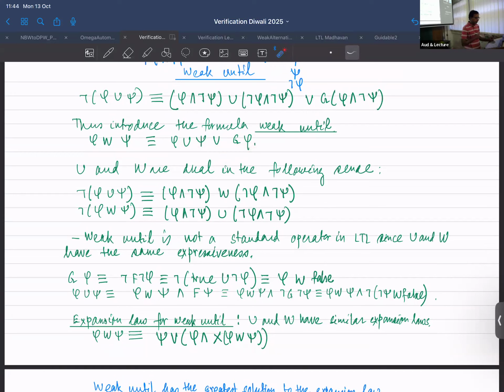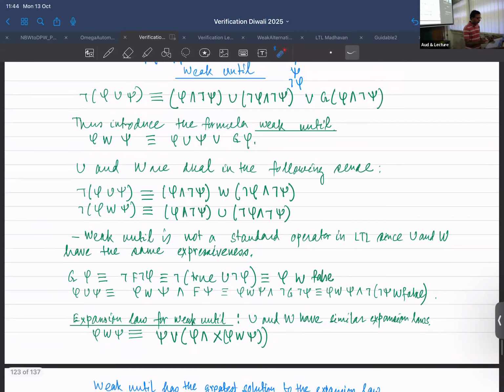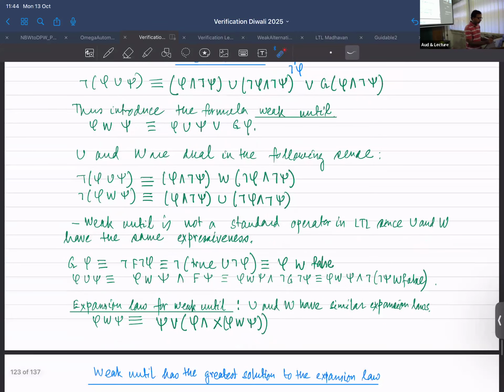Okay. And so if you just want to look at until and weak until, these are dual as we saw. So if I say negation of phi strong until psi, what can happen? Essentially we are saying that phi starts to hold and psi is not holding.